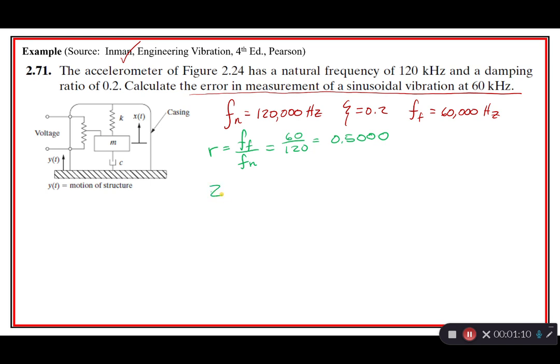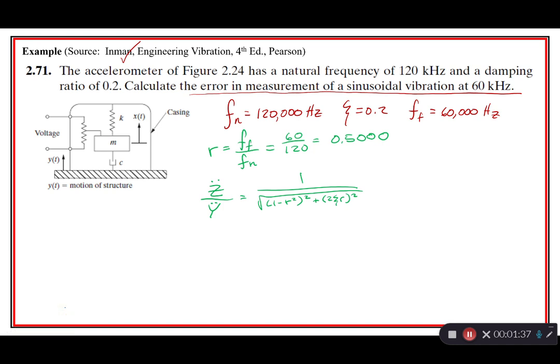And so we know that we have z double dot over y double dot, and we're going to take 1 over the square root of (1 minus r squared) whole thing squared plus (2 zeta r) squared.